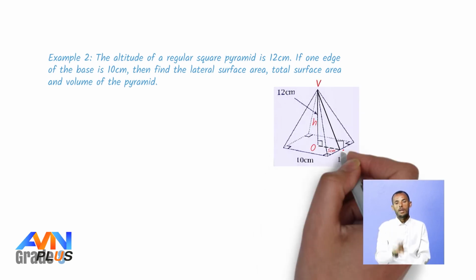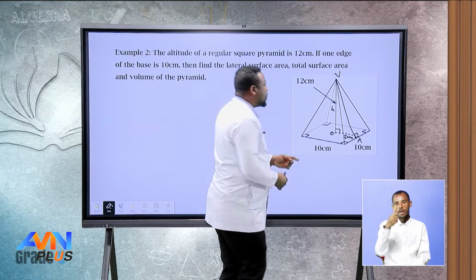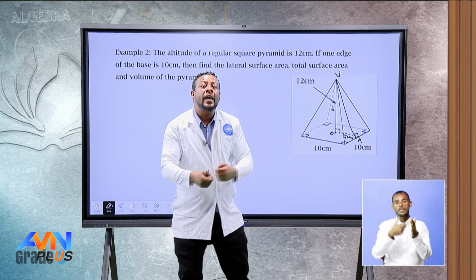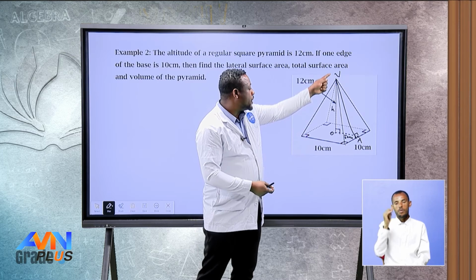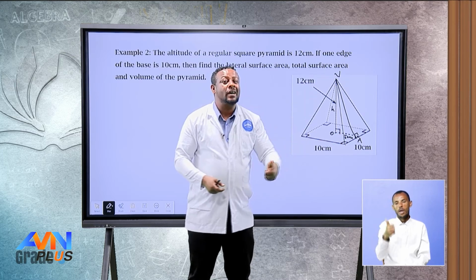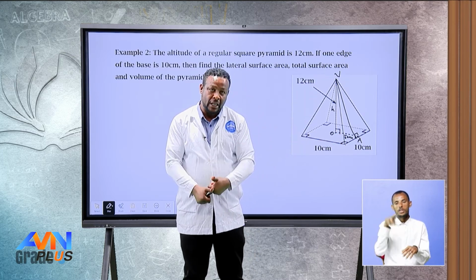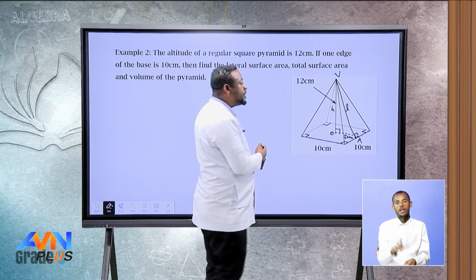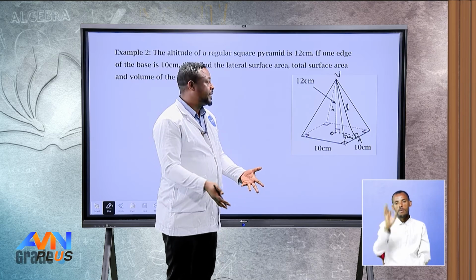We have 12, we have 5, and this part, to make it clear, let's write V, call this O, and say this A. VA becomes the slant height, and if you consider triangle VOA, it becomes the hypotenuse of the triangle. Say this is L, which is the slant height for one of the lateral faces.